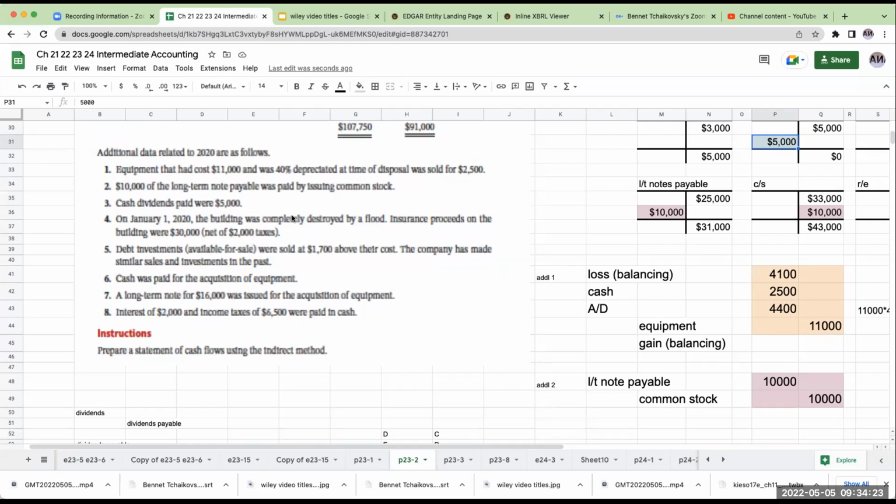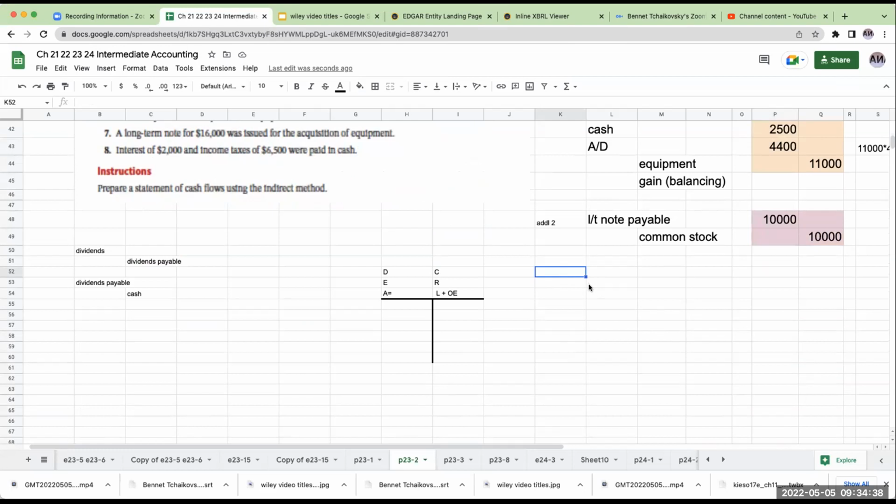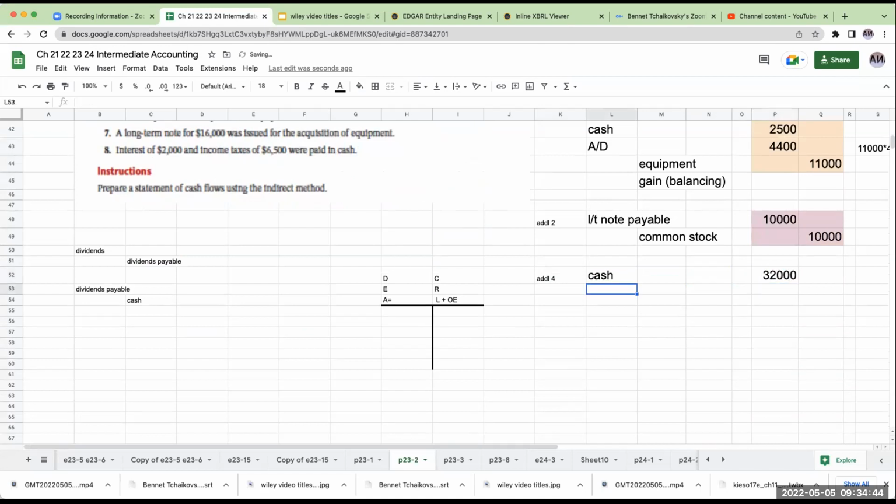Now, what I don't like about this one is that the actual cash proceeds were in fact $32,000. And they shouldn't have shown this net of tax. We'd be dealing with that separately. So the amount of cash that I'm receiving is going to be $32,000.